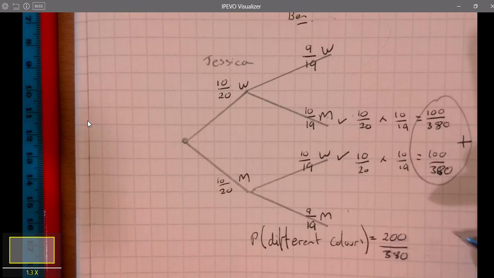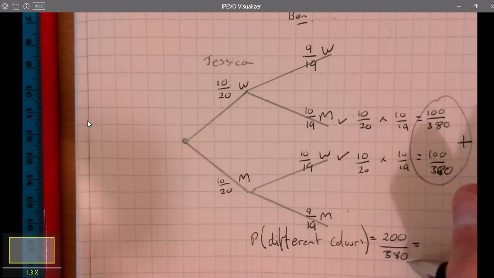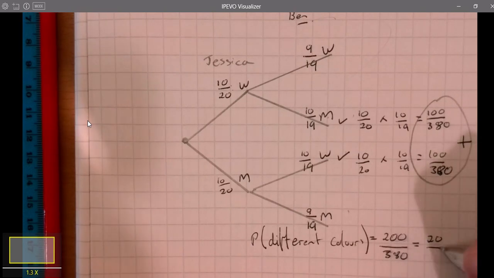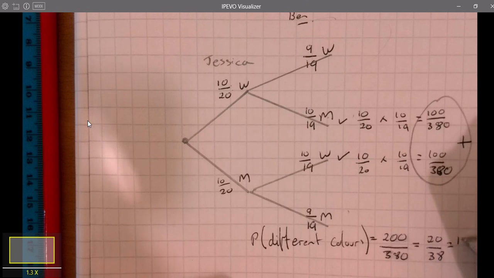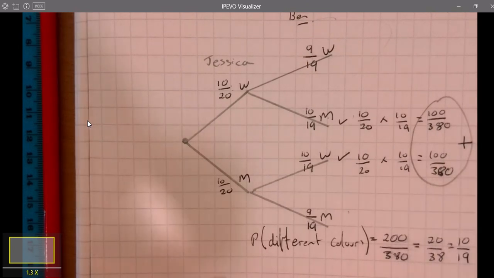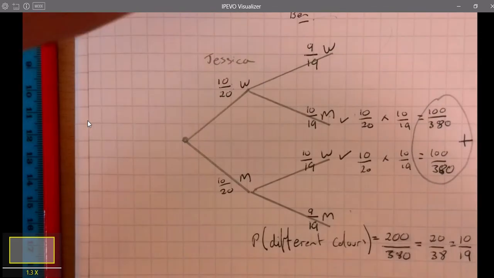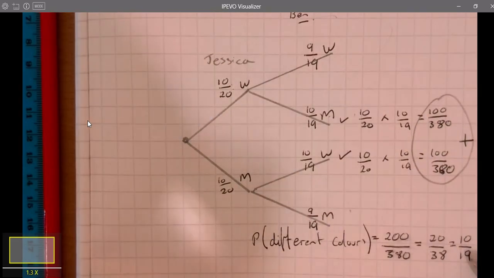Equals, and now cancel it down. I can see that 10 goes into this straight away, so I can write 20 over 38. They're both even numbers, so 10 over 19. And there's nothing else that's going to go into those.